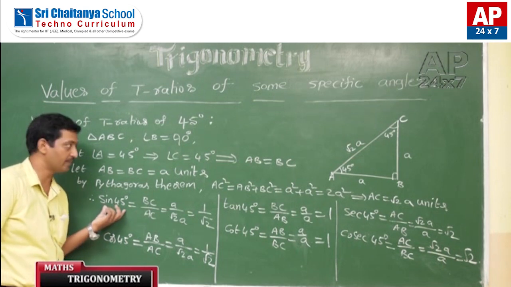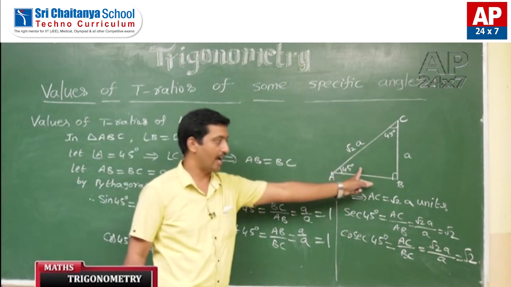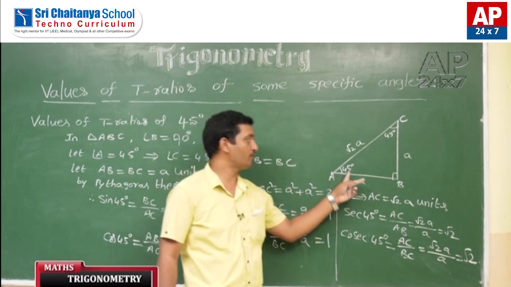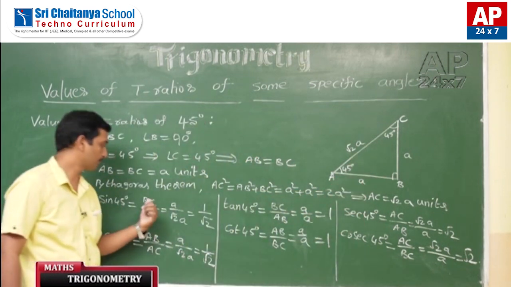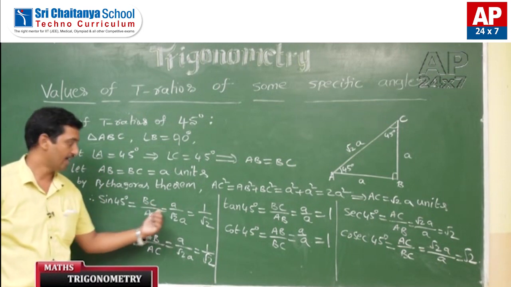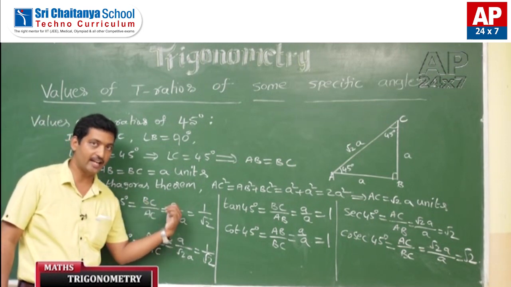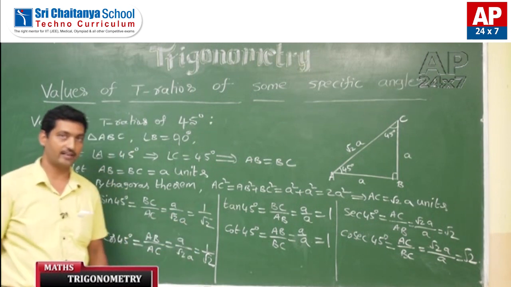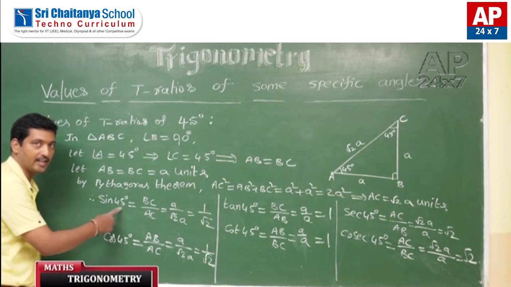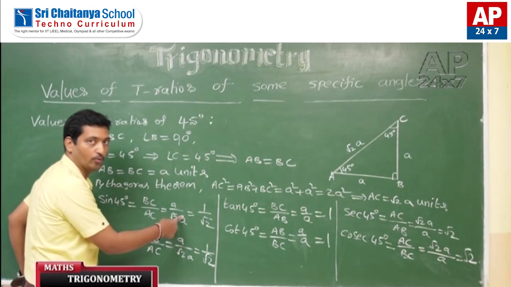Sine 45 degrees means, in the triangle, the side opposite to the 45 degrees by hypotenuse, which is equal to BC by AC. BC value is A, AC value is root 2A. A cancels, 1 by root 2 is remaining. Therefore, sine 45 value is 1 by root 2.